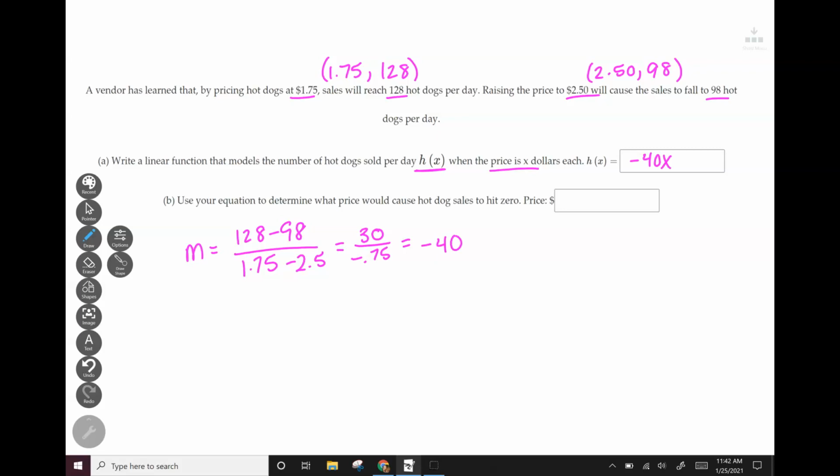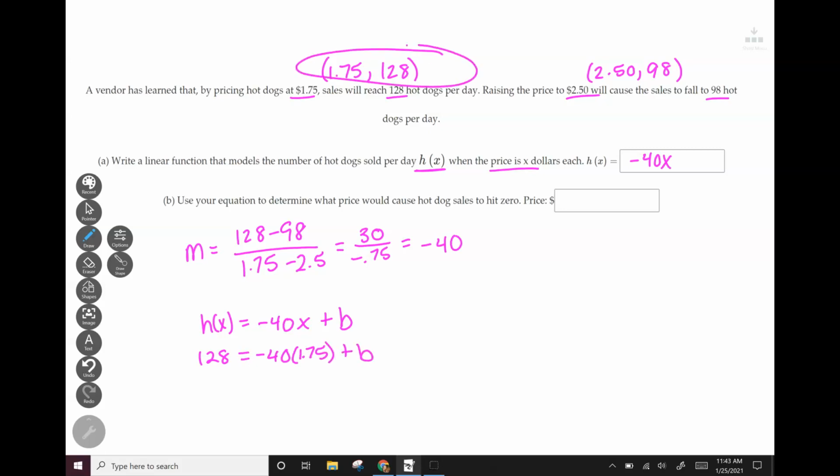Now, this problem did not give you the y-intercept, so we're going to have to solve for it. So far my function is h of x equals negative 40x plus b. So to solve for my y-intercept, I'm going to plug in either one of the points that they gave me. So I'll plug in 128 for h and 1.75 for x.